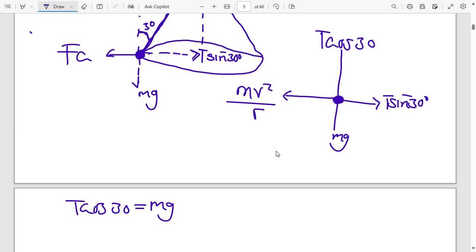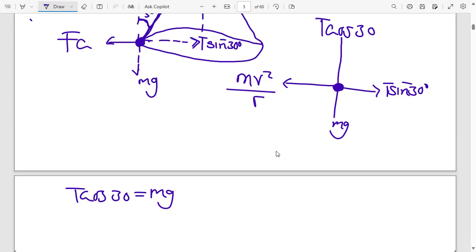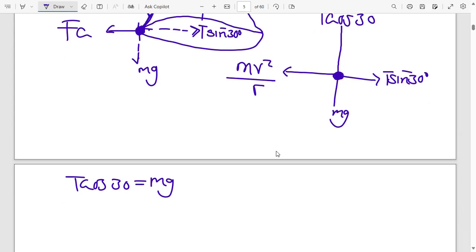But I've written it directly because it is simple to deduce. Okay, so tension is equal to mass times gravity divided by cos 30, like that. Am I correct?